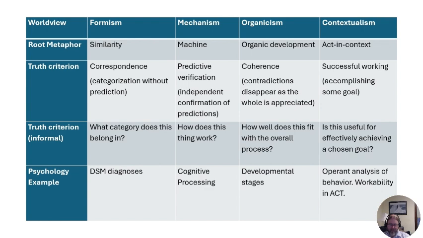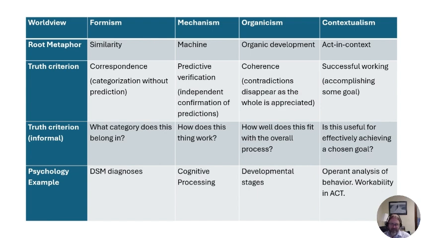And our root metaphor here is the ongoing act in context. So the historical and situational act, as it is ongoing, is what our metaphor is going to be focused on. And our truth criterion is successful working, accomplishing some goal.